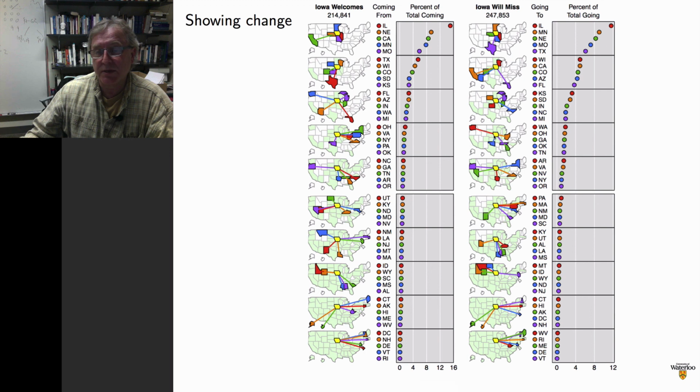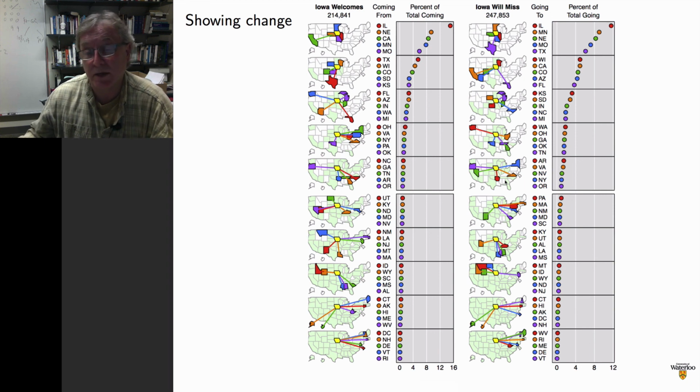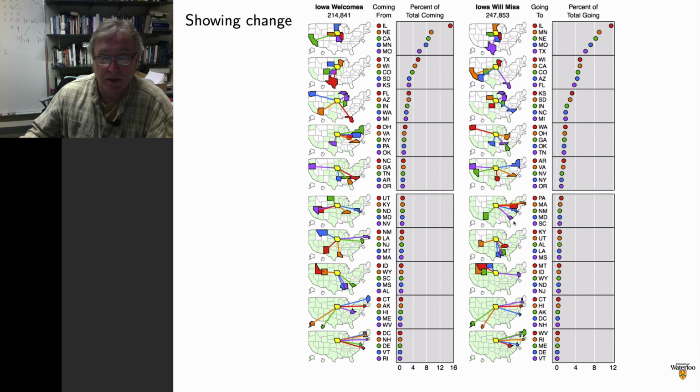So you get to see these little edges connecting the states, so that it's a little easier to emphasize that we're looking at the change from Iowa to the other states. And it's of interest to see how different these are from one another. Already the difference we noticed between Texas and California, also Florida there. So that's showing some flow.